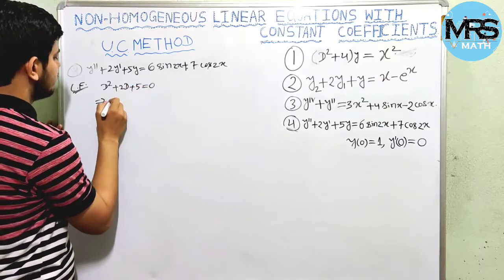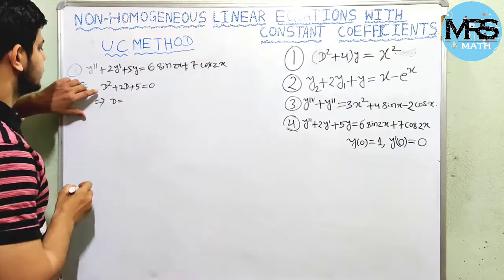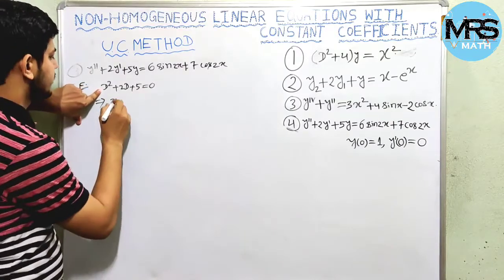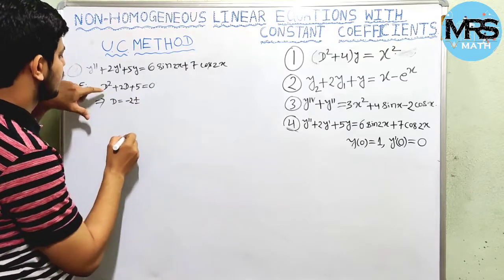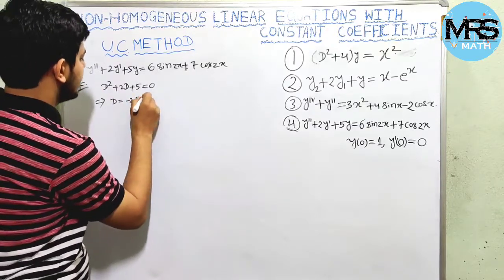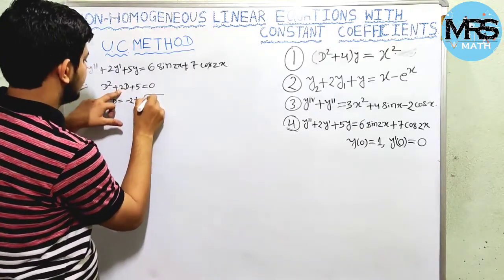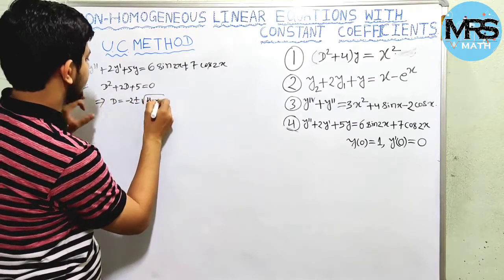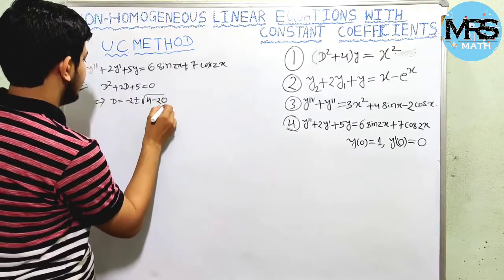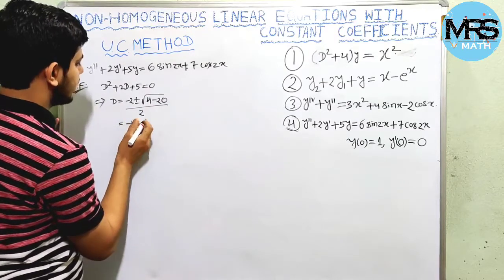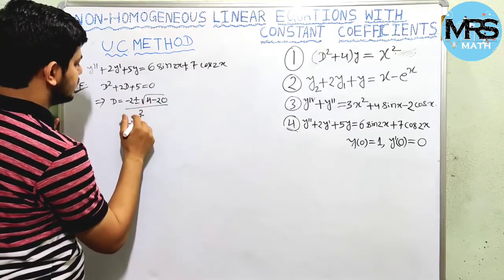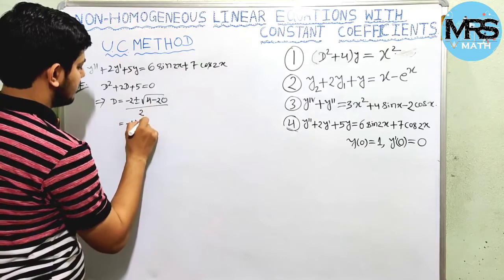This is a quadratic equation, so we can write minus b plus or minus square root of b square minus 4ac, that is 4 minus 4 into 5, that is 20, over 2. So that will be minus 1 plus or minus 16, so 4i, that will be 2i.